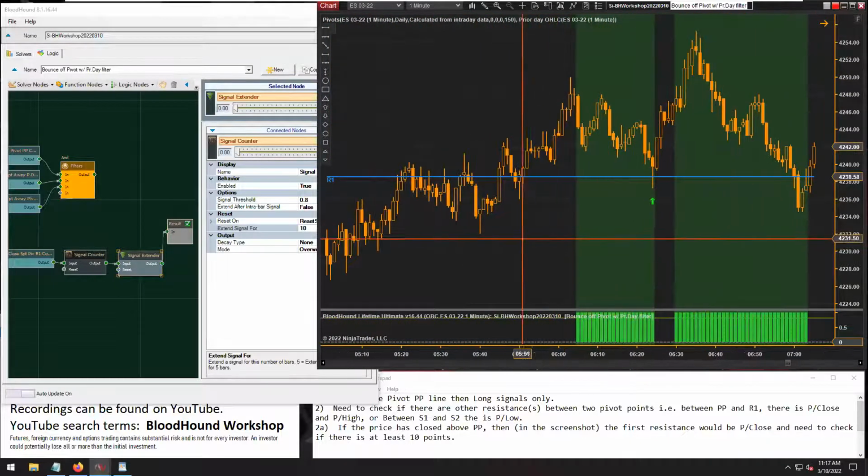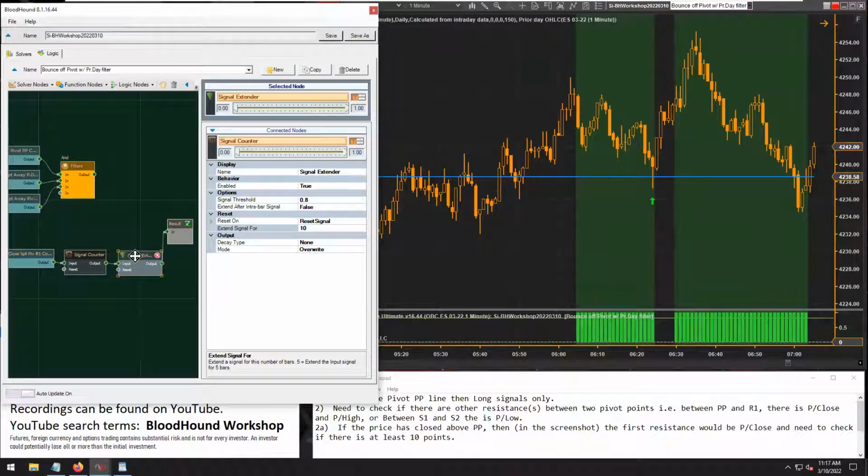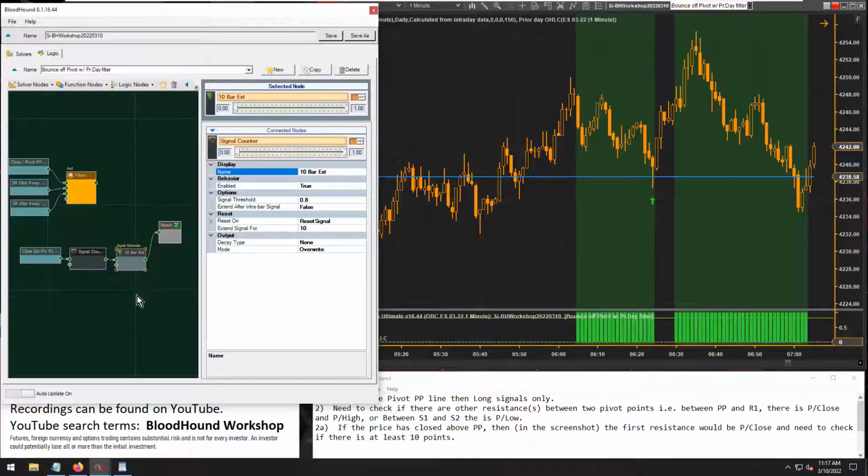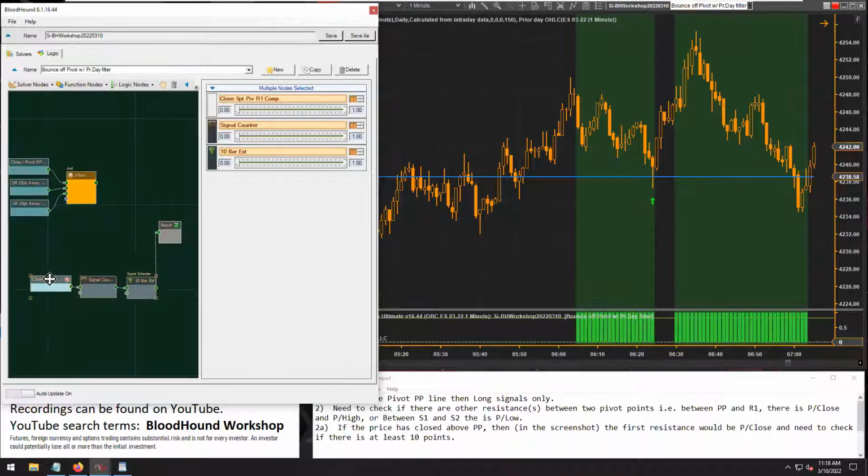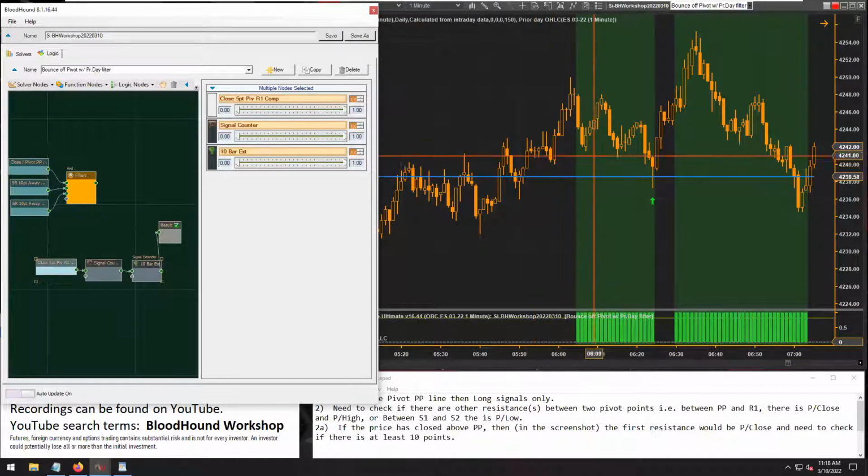Wow. All right. Just so we can get a signal here, I'm going to leave our signal extender at 10 bars. So let's put that in there. Give that a name so we know it's a 10 bar extension. There we go. So this group of nodes, this logic here, is identifying the separation part, right?